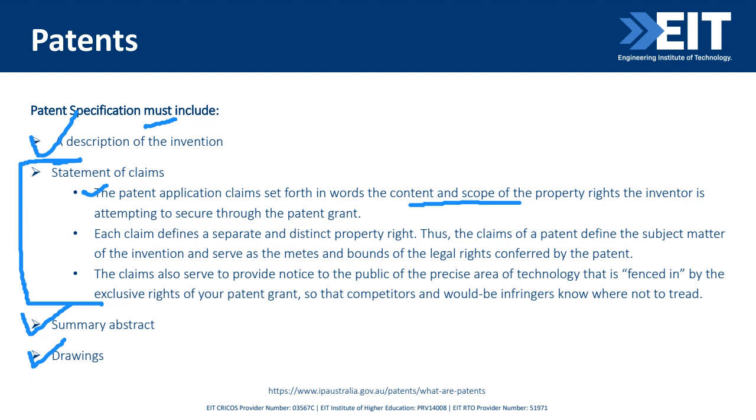Claims also serve to provide notice to the public of the precise area of technology that is fenced in by the exclusive rights of our patent grant. So our competitors and would-be infringers would know where not to tread. So these are the parts of our patent specification.